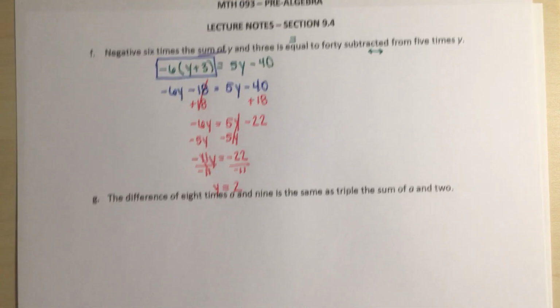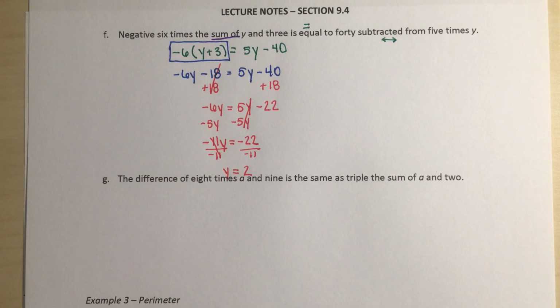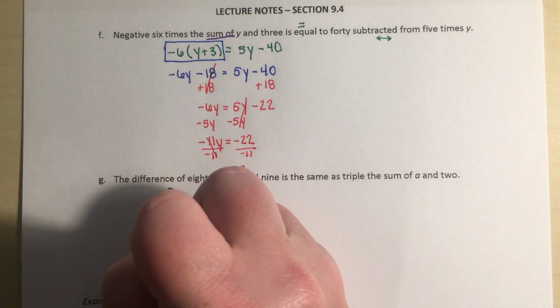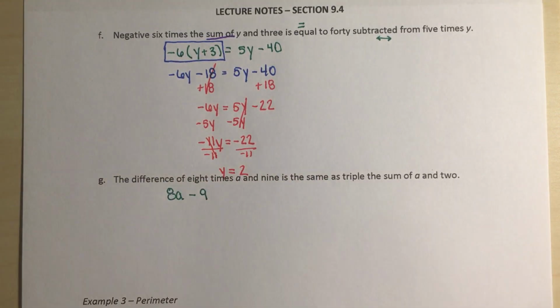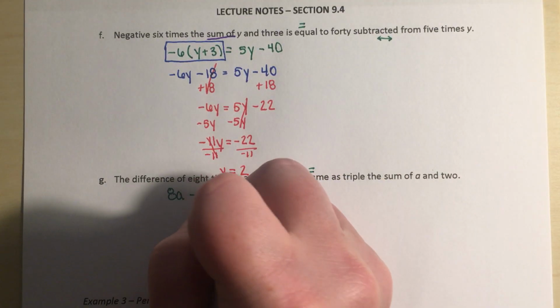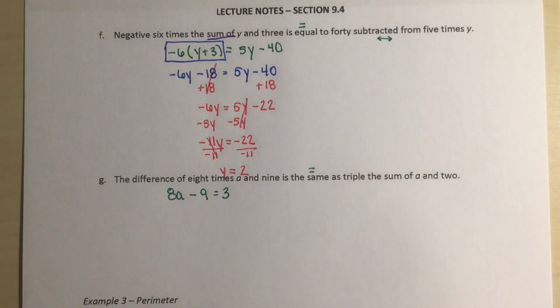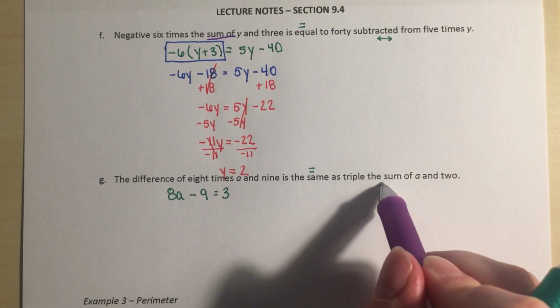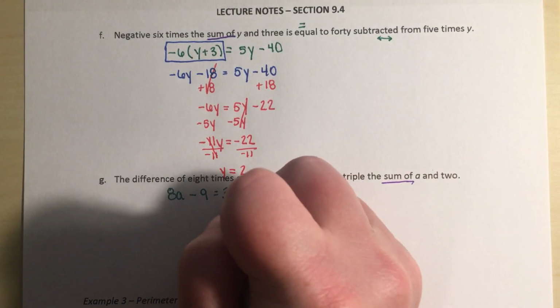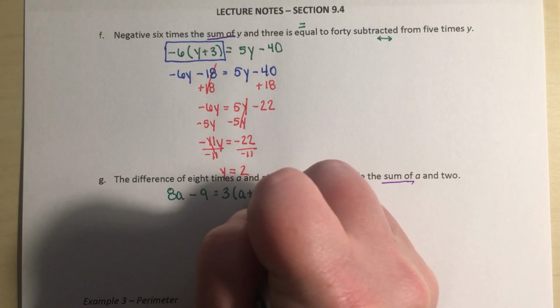Alright, and then one last one to finish up. The difference of 8 times a and 9. So 8a minus 9 is the same as, that's our equal to, triple the sum of, again, sum of is going to indicate parentheses, our sum of a and 2, a plus 2.